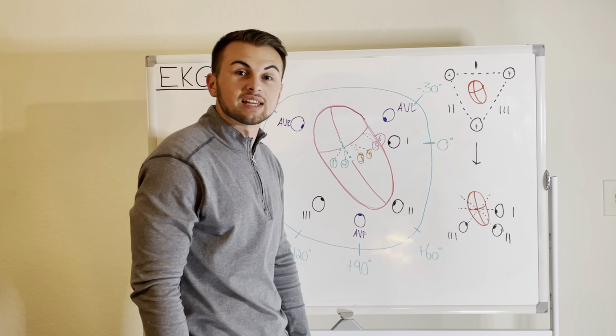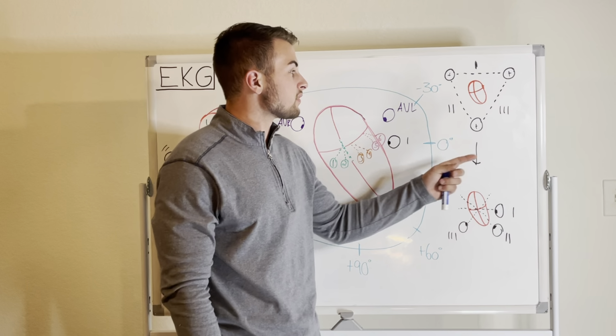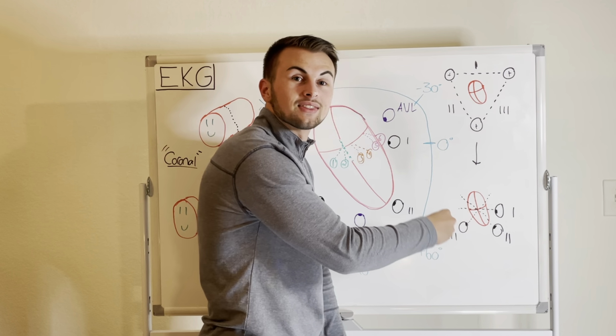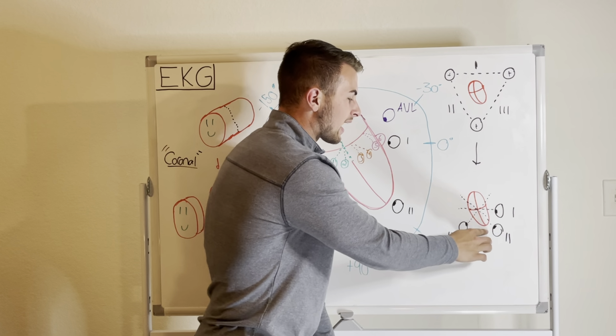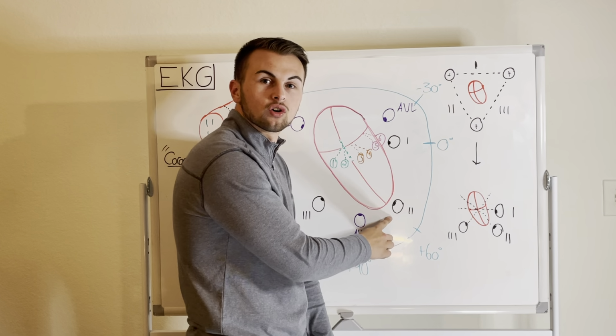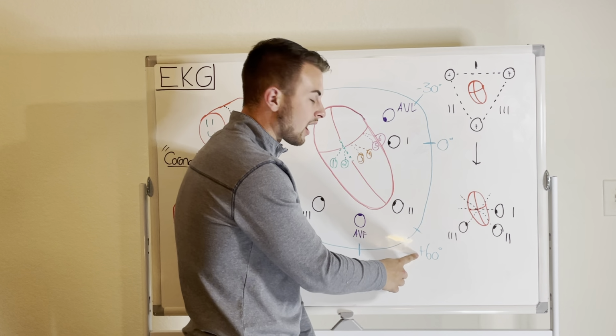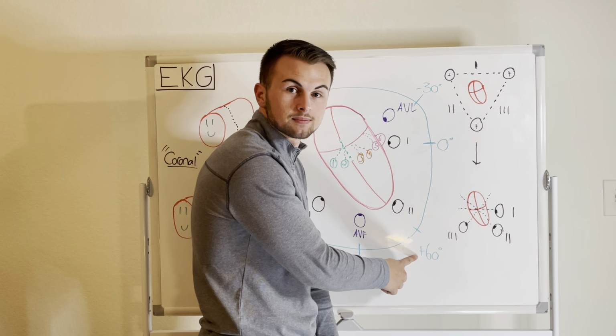Next, we have lead 2. And when we shift lead 2 down towards the heart, the positive end ends up at the apex of the heart, located here. We say that lead 2 sits at positive 60 degrees.